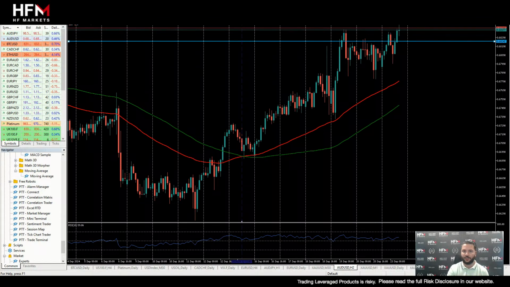If they do keep it unchanged, it can be positive, of course, for the Australian dollar because everybody else is cutting interest rates. Also, we can look at the Australian inflation rate, which is going to come out on Wednesday. Australian inflation is expected to drop from 3.5% to 2.8%.